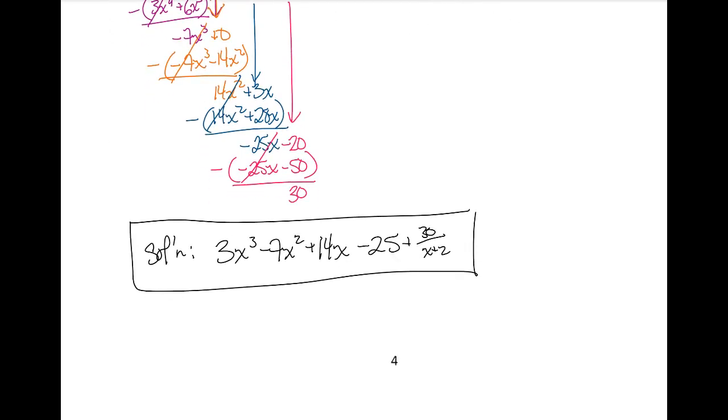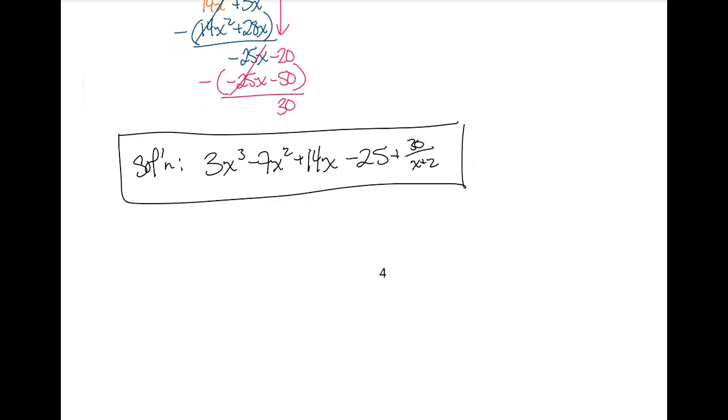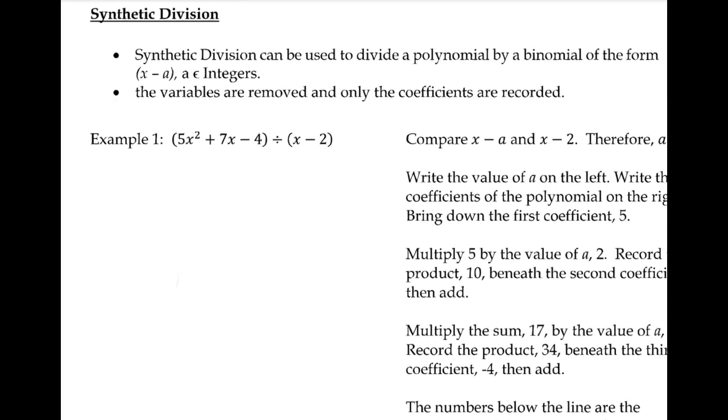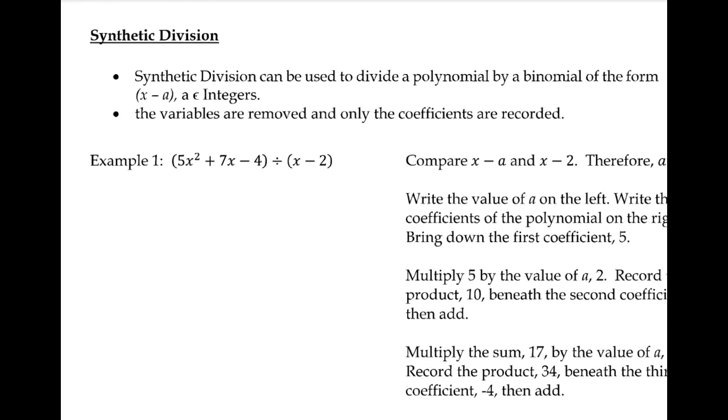Okay, again, my solution is written in a way that I include everything from above the division symbol, plus my remainder divided by the binomial that's doing the dividing. But that's been a lot of writing and a lot of rehashing, and it takes up a lot of space.